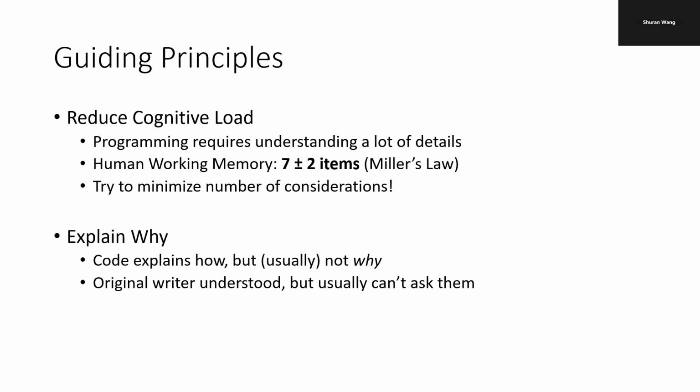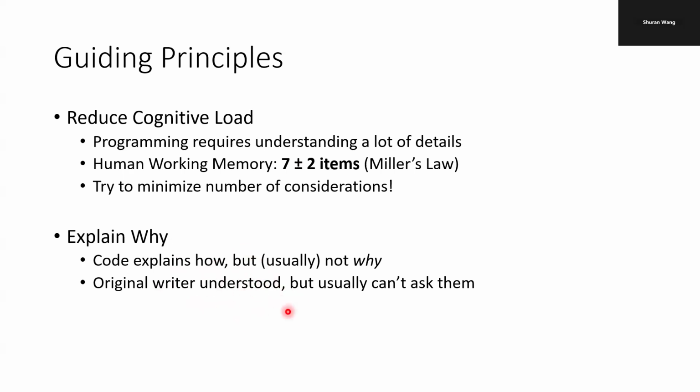In your code, it should explain why on itself. When you're reading the code, you should know why this code was written in this way. If it's hard to do, you should be writing the why either in the variable declarations, in the comments, or in all things like that. The original writer usually knows why.